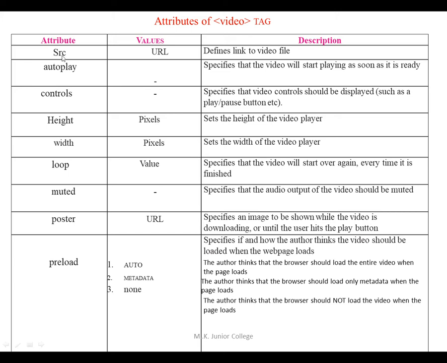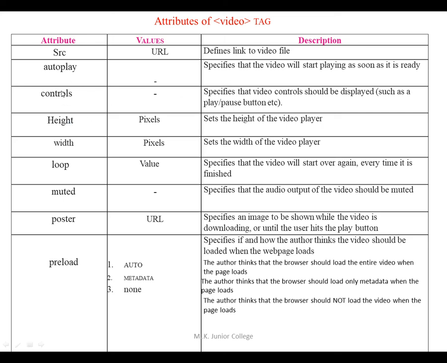First is src, which stands for URL, meaning the value is the name of the video file, and it defines the link to the video file. Autoplay, okay, again it's a boolean attribute. It specifies that the video will start playing as soon as it is ready. If you mention autoplay with the video tag, then your video will start automatically when your page gets loaded.